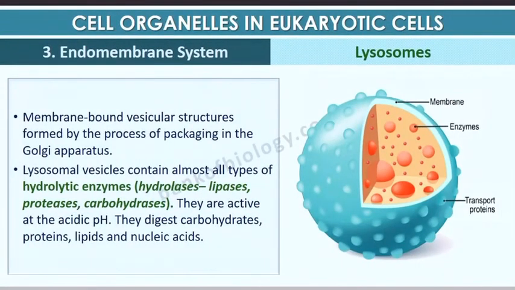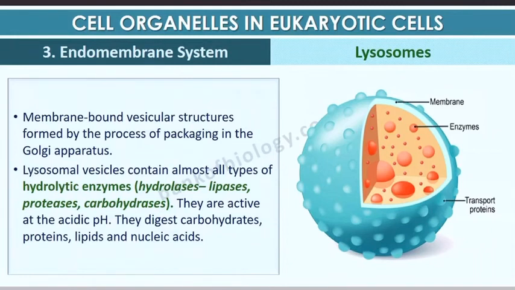Membrane bound, just now we said lysosomes. Next, membrane bound vesicular structures formed by the process of packaging in the Golgi apparatus. So lysosomal vesicles contain almost all types of hydrolytic enzymes: hydrolases, lipases, enzymes that digest lipids, proteases, enzymes that digest proteins, and carbohydrases, enzymes that digest carbohydrates.